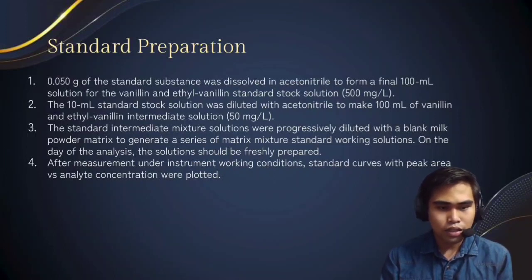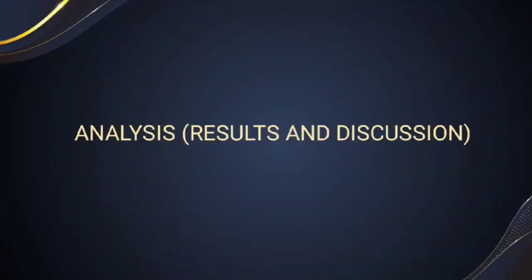Then the standard intermediate mixture solutions were progressively diluted with a blank milk powder matrix to generate a series of matrix mixture standard working solutions. On the day of the analysis, the solution should be freshly prepared. Lastly, after the measurement under instrument working conditions, standard curves with peak area versus analyte concentration were plotted.